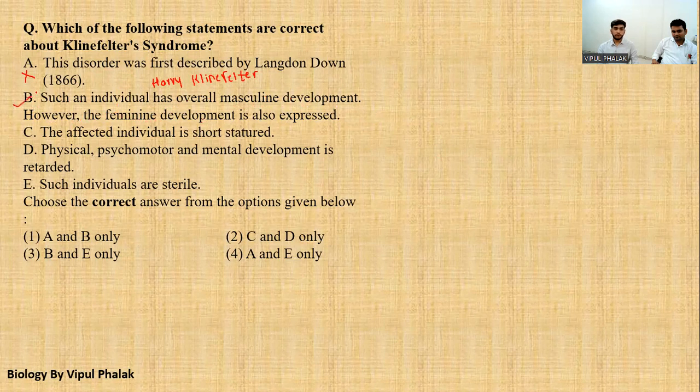This is a correct statement. The sex chromosomes in such a person are X, X, and Y. Therefore, it is masculine development because of the Y chromosome, and feminine development is also expressed due to the extra X chromosome. C: the affected individual is of short stature.